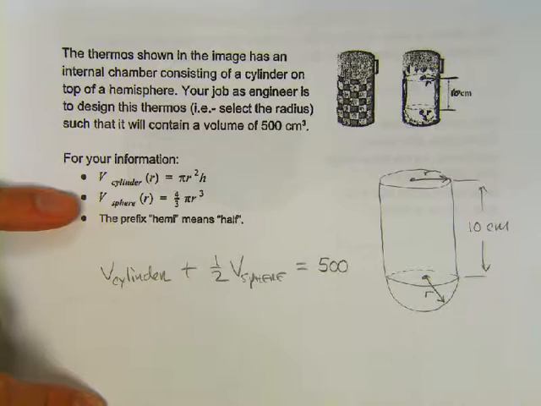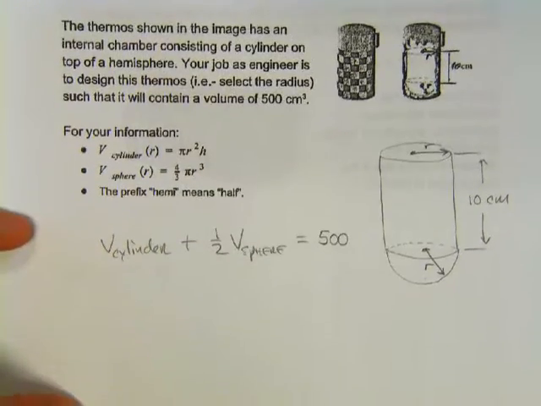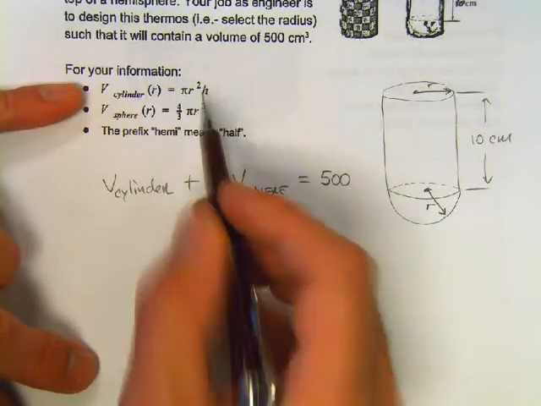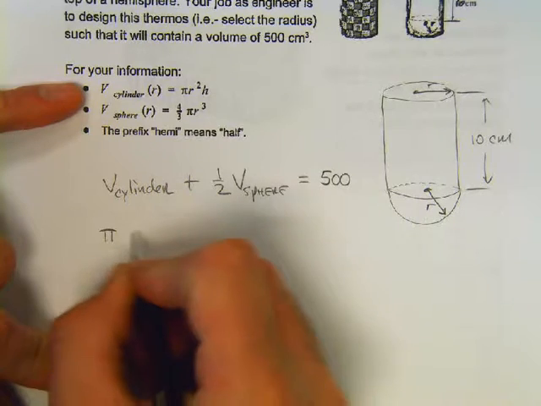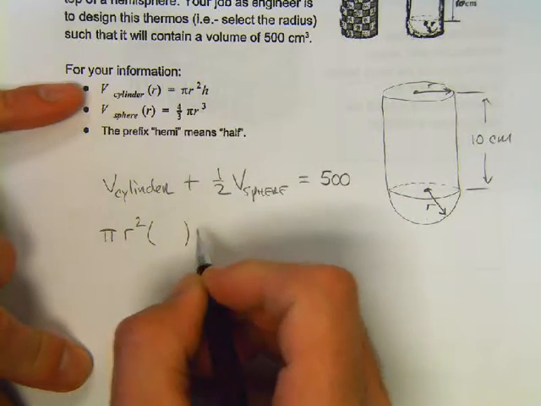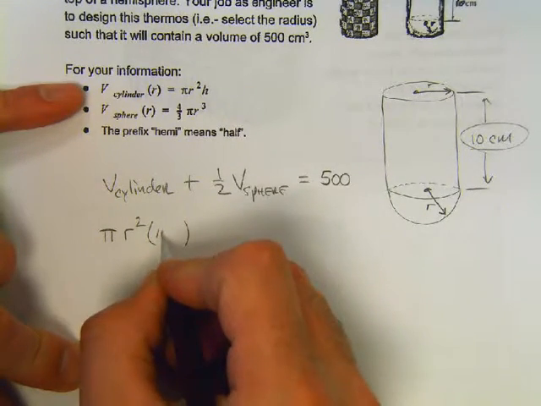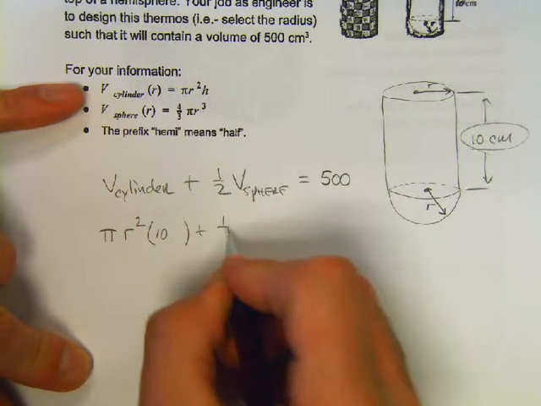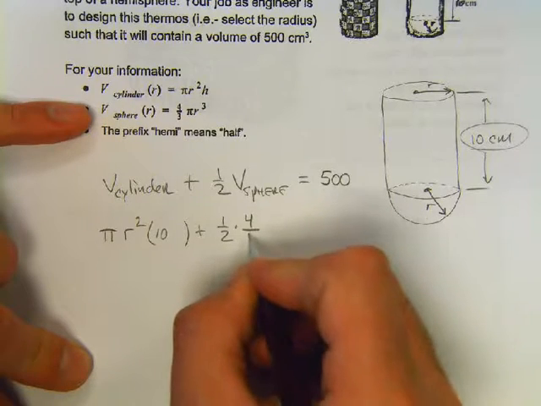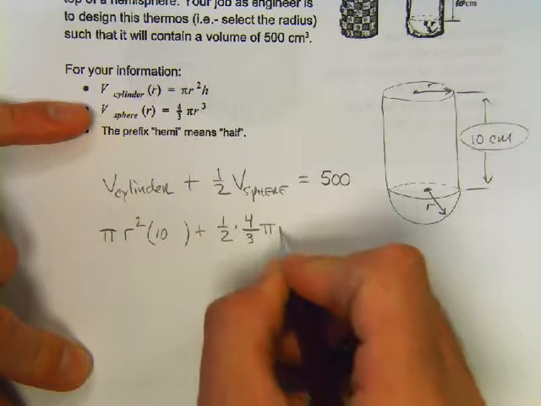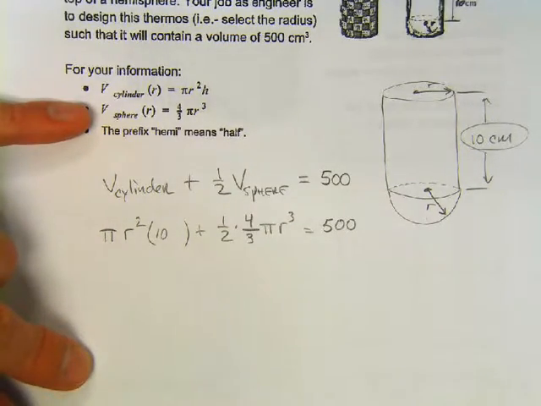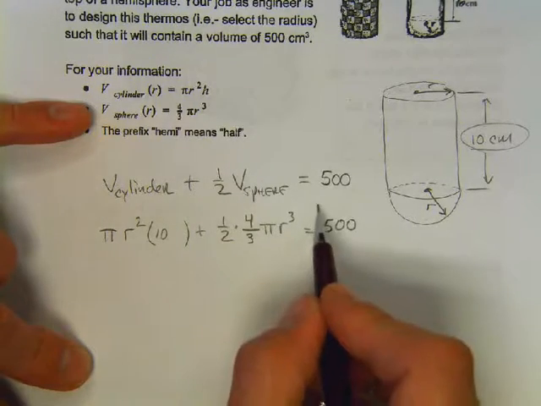And you will recall from geometry that the volume of a cylinder is pi r squared times the height, which in this case is 10, plus a half times the volume of a sphere, which is 4/3 pi r cubed, equals 500. And so this is the equation that we want to solve.